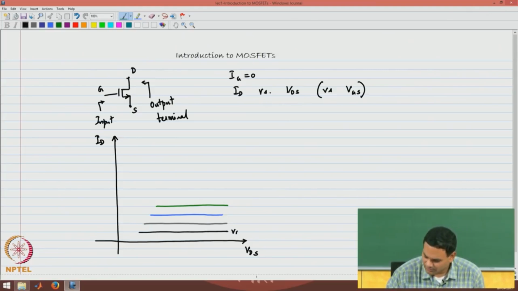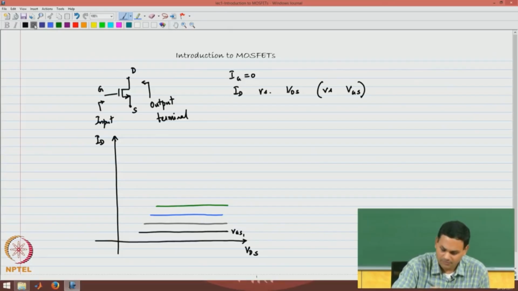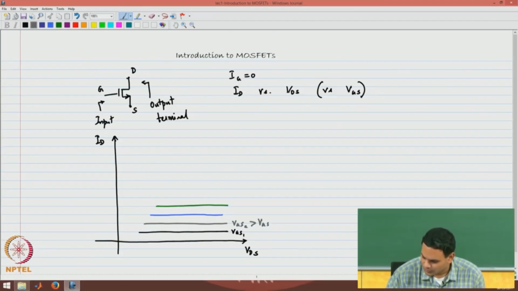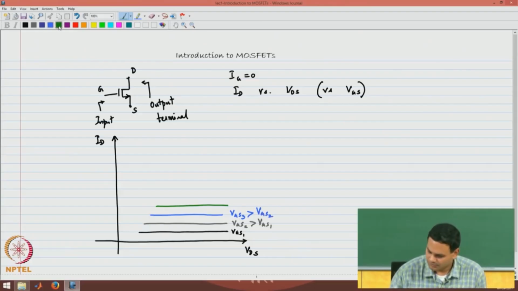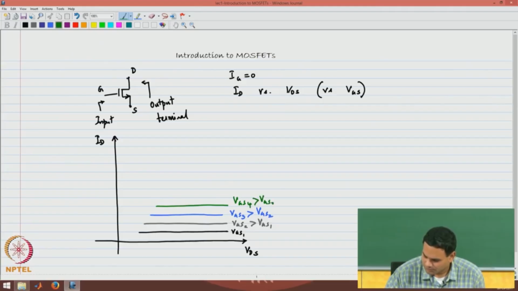And so, this is some VGS1, this is VGS2 which is greater than VGS1, and so on.